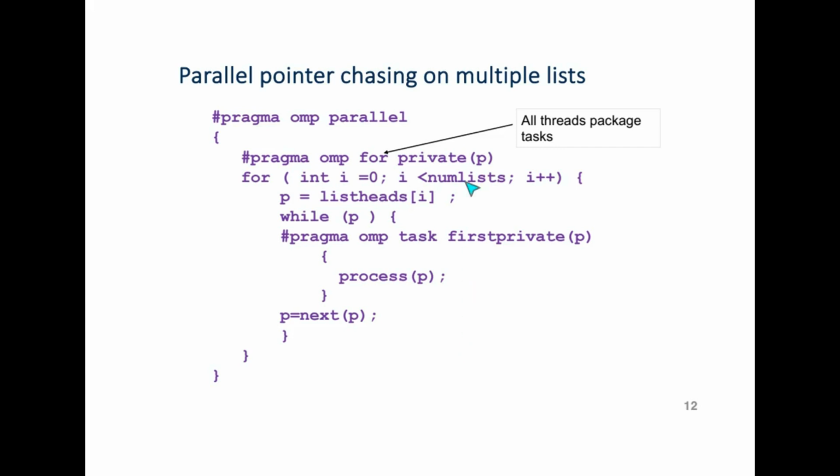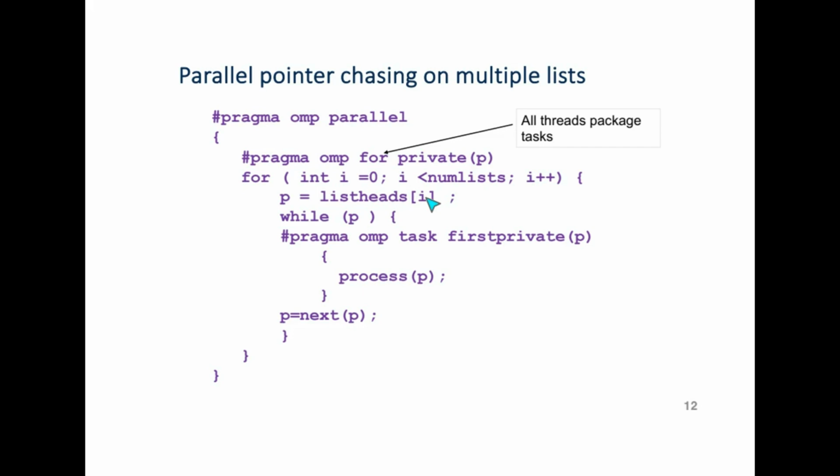Okay, so let's extend this example a little bit and say, okay, instead of one linked list, suppose we have an array of linked lists. Okay, so we have multiple linked lists, and we have an array that basically stores the first item in all the lists.